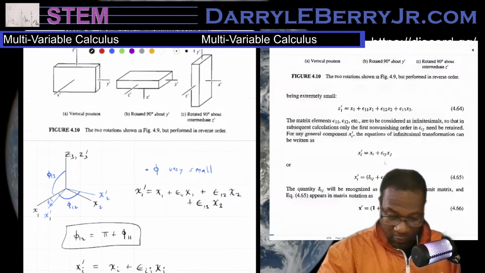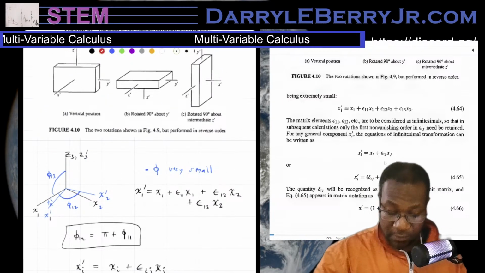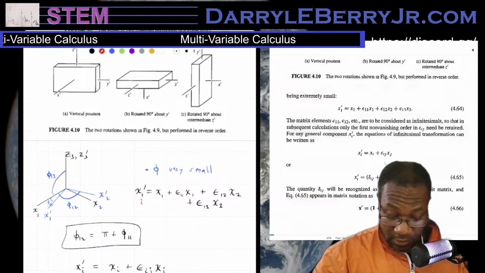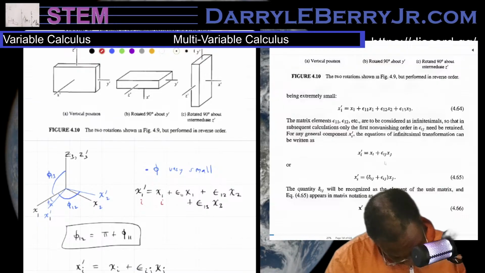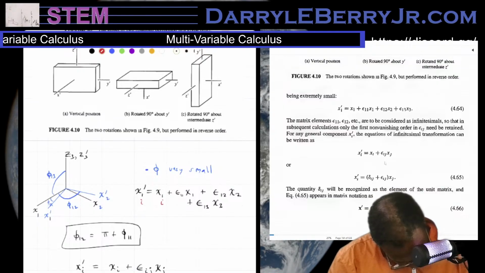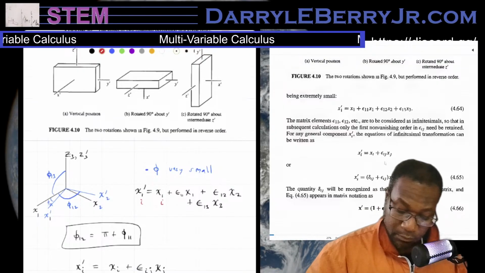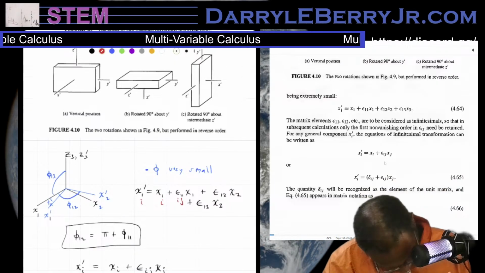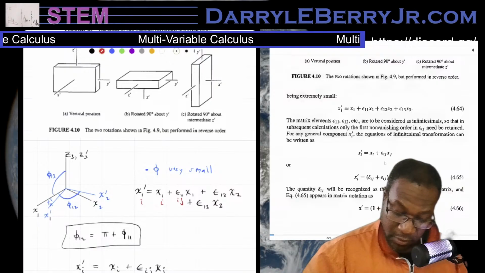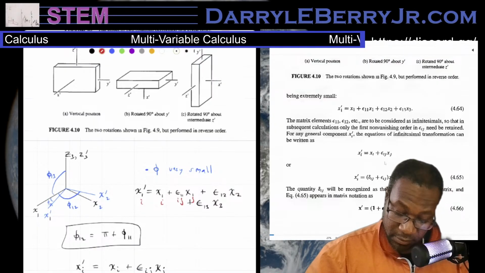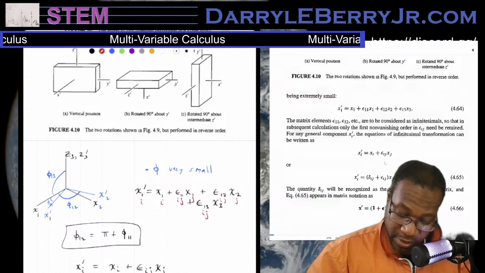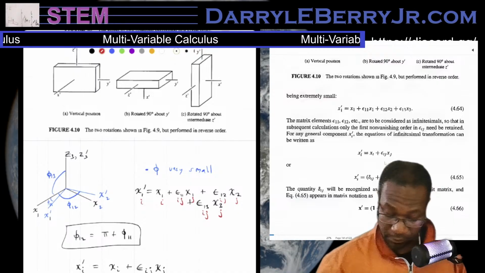So this means that this is i, this is i, this is i j, this is j, i j, j, i j, j.